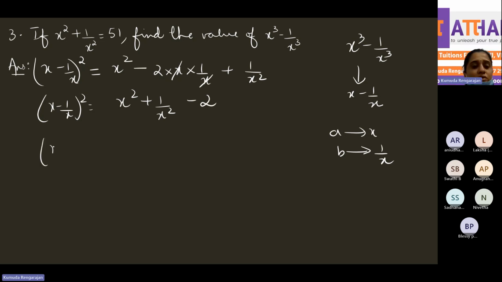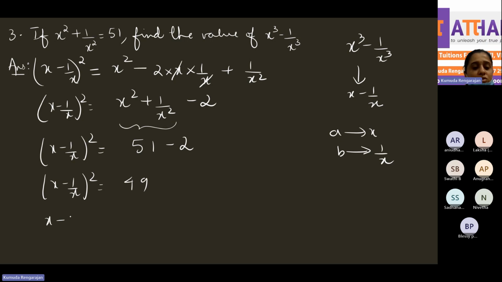Now, what is the value of x square plus 1 by x square? 51 minus 2, correct? So x minus 1 by x the whole square is equal to 49. So x minus 1 by x is equal to the square root of 49. Take only the positive value, 7. So x minus 1 by x is 7.